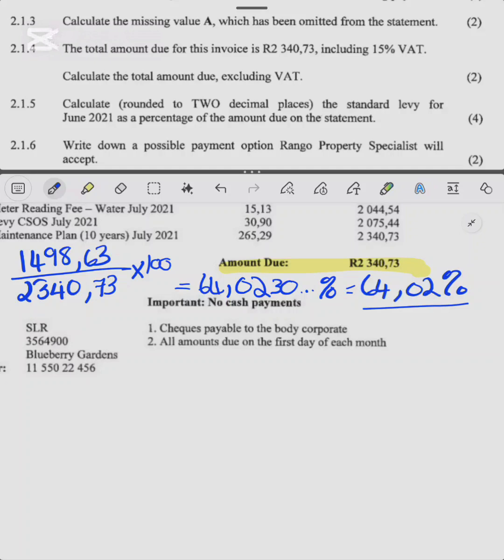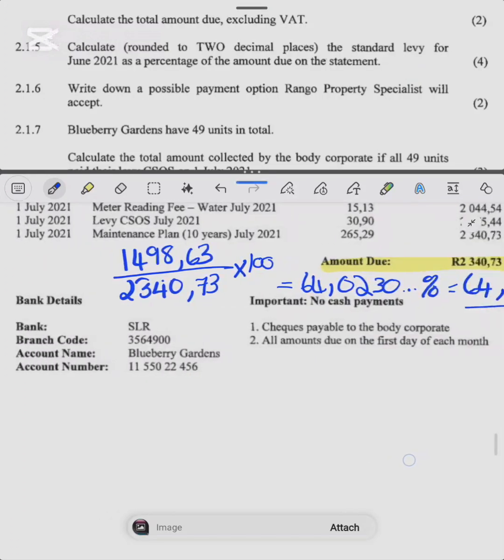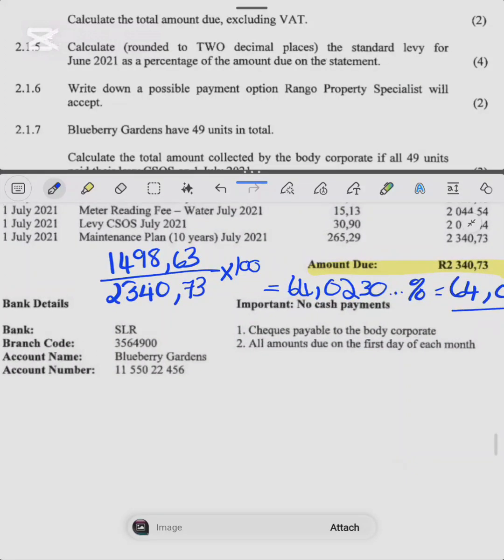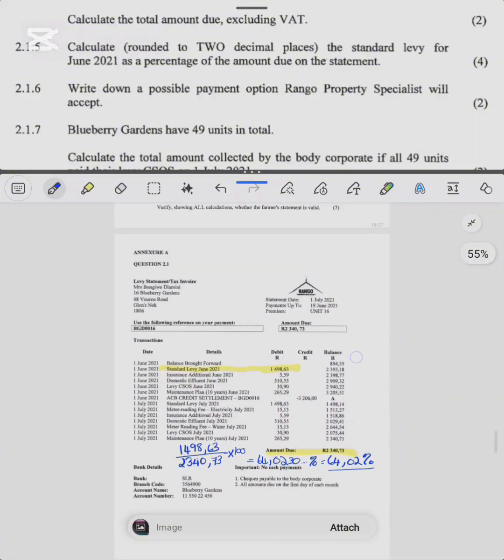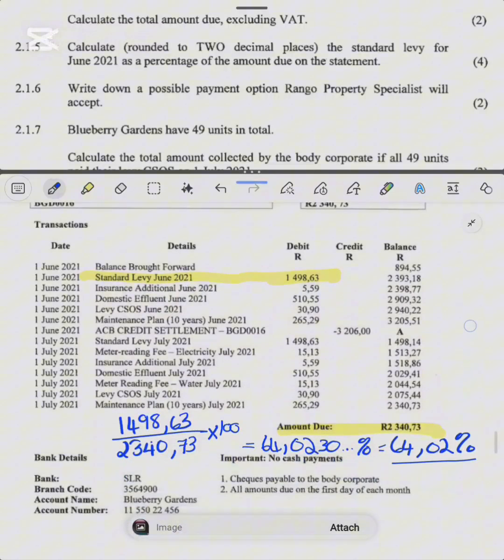All right. Then we've got 2.6, and they say here, write down a possible payment option Rango Property Specialist will accept. So if we look at the bottom here, that kind of information is normally either at the top of our statement, where currently there's nothing, or at the bottom with the terms and conditions.